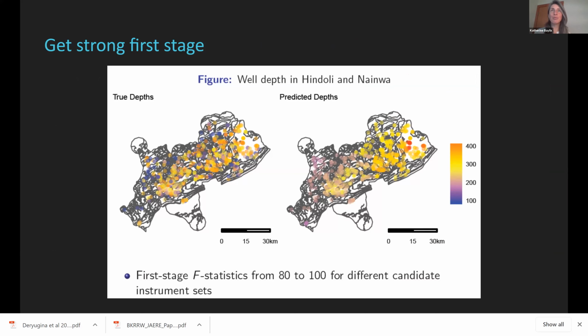But the variation is pretty darn good using this highly nonlinear model, and so it gives them a very strong first stage that they then use to estimate the marginal productivity of water, and then from that estimate whether this rationing regime seems to be getting marginal costs equal to marginal benefits on average, and then looking at the individual marginal costs versus marginal benefits per farmer.